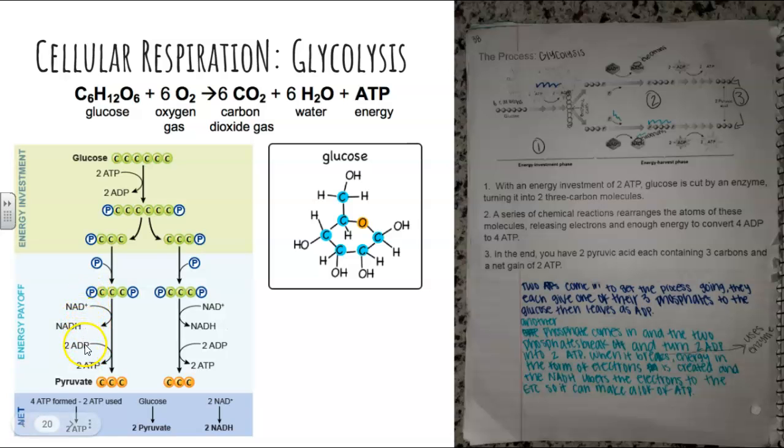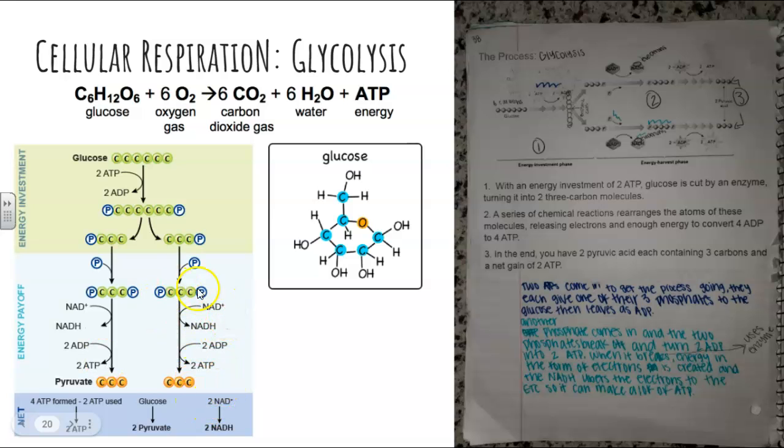I attach 1 phosphate to one of the ADPs to make it a triphosphate, and I break off this phosphate here and attach it to the other ADP to make it an ATP also. So what I did here is I brought in 2 ADPs, adenosine diphosphates, and they left as adenosine triphosphates. So I got rid of these phosphates and I just have the 3 carbons left.